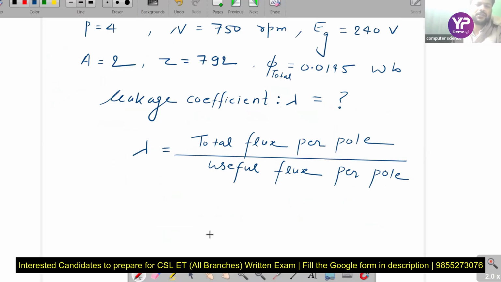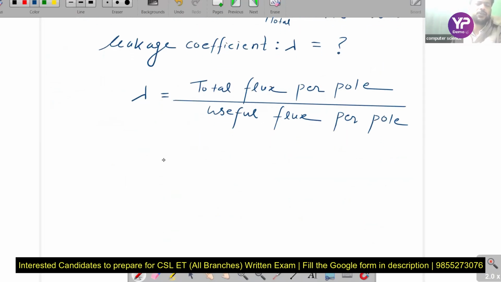To find the leakage coefficient, we need to find the useful flux per pole. So first of all, we find the useful flux. How to find the useful flux?